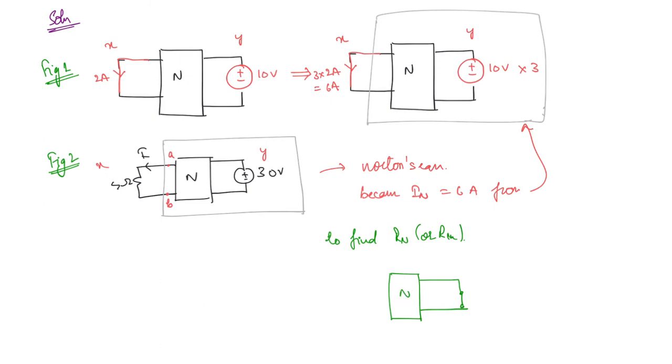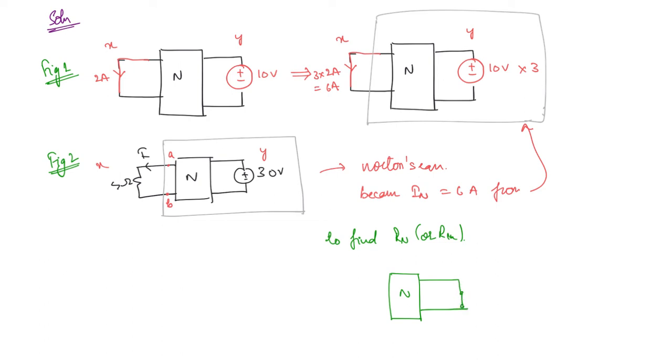Think about it. No. Why will it not be present? Because if you remember from the statement of the reciprocity theorem, it consists of a passive network. That means there are no active sources, no independent sources. So this network consists entirely of passive elements. Whatever independent source was here, we short circuited it.